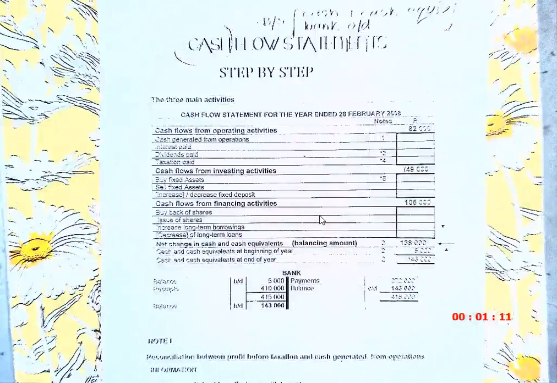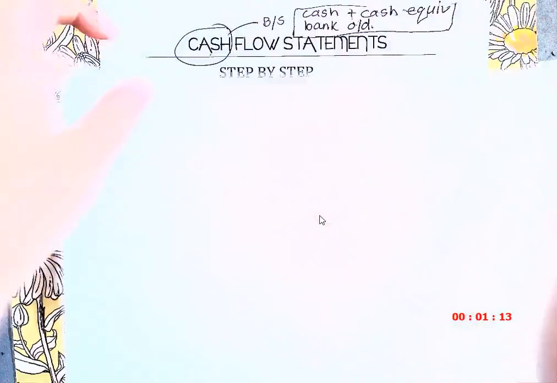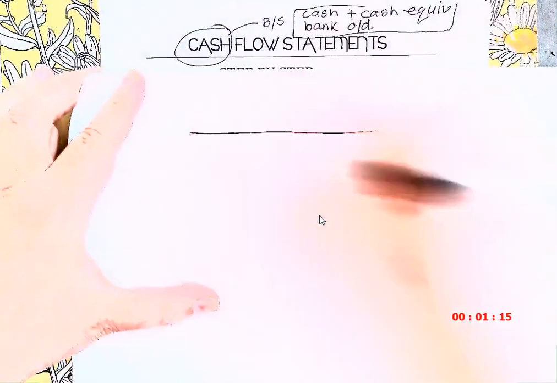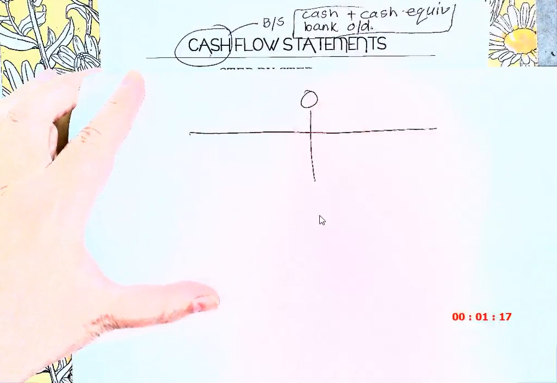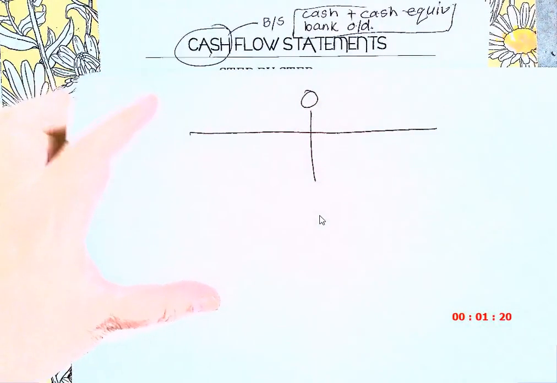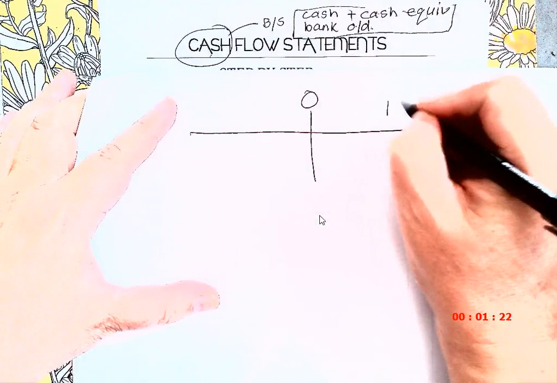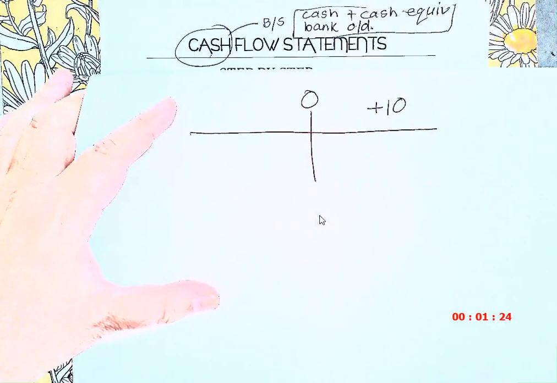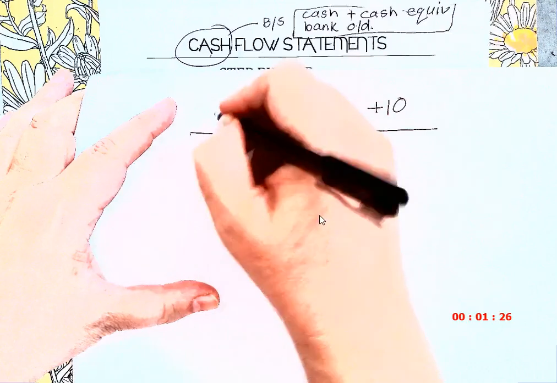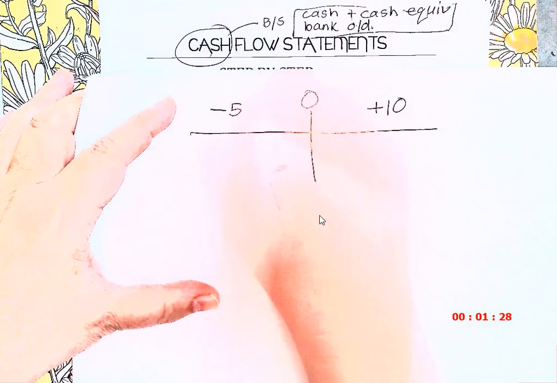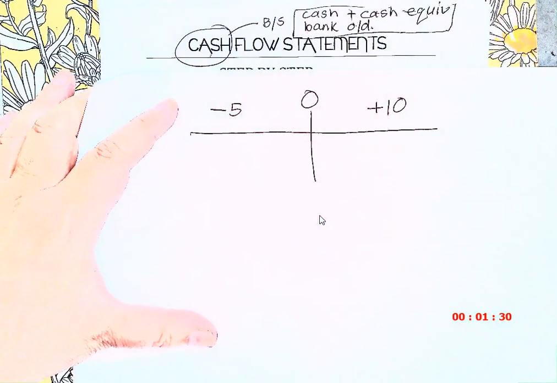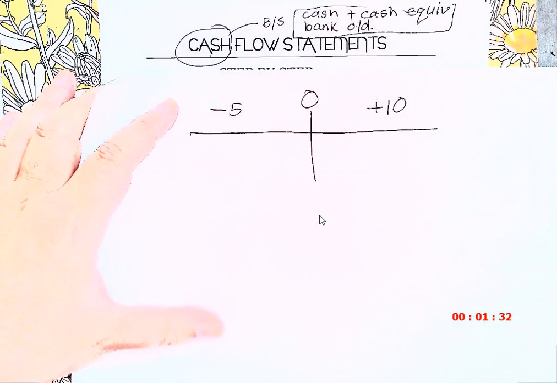Okay, I can see question marks. Let me just quickly show you. Let's say this is my line. There, my bank is 0. Now let's say my bank was plus 10 at the start of the year, and at the end of the year it's minus 5. It's now in overdraft. How much outflow of cash was there?